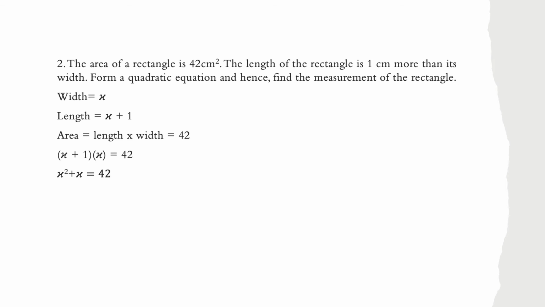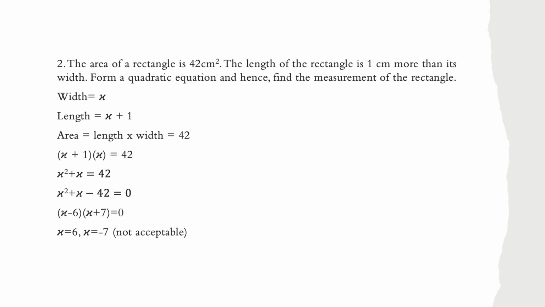Then we form the quadratic equation, which is x squared plus x minus 42 equals to 0. Then you can key in your calculator or do factorization, and you'll get x equals to 6 and x equals to negative 7. Note that x equals to negative 7 is not acceptable as it is negative.